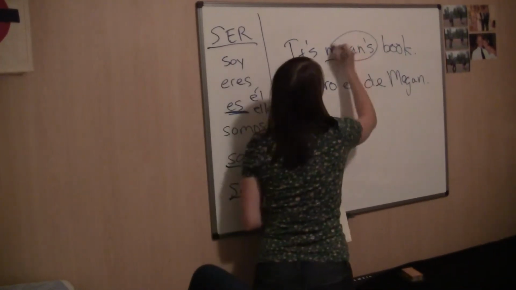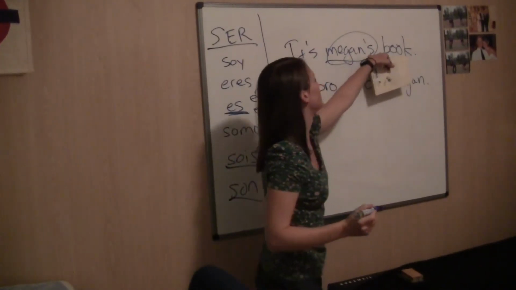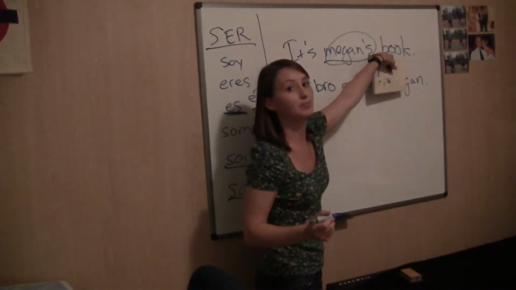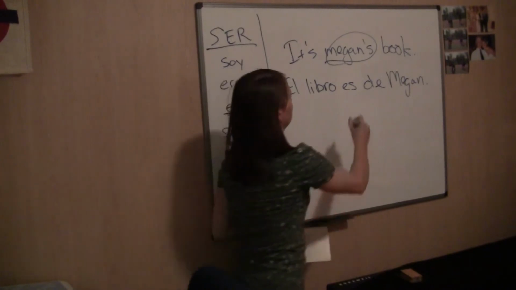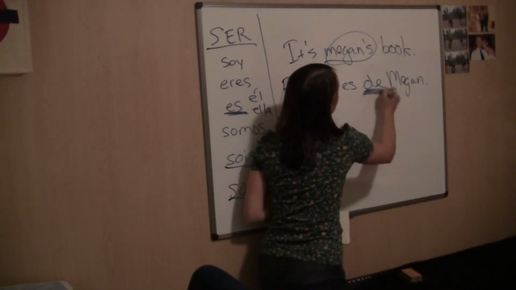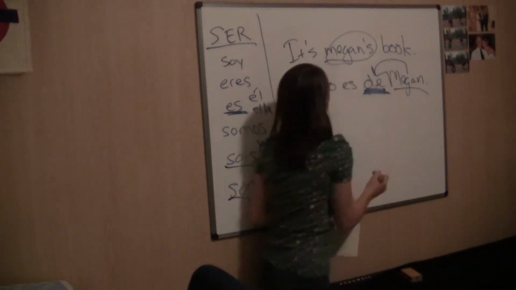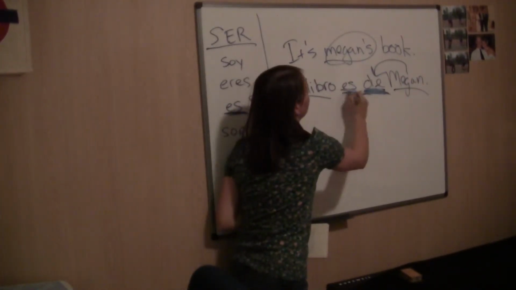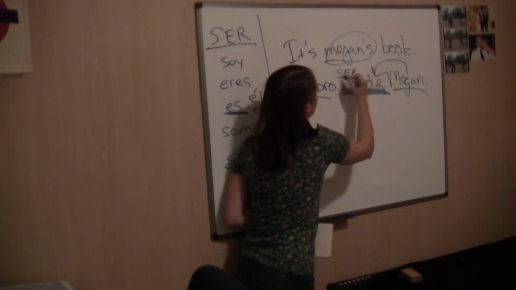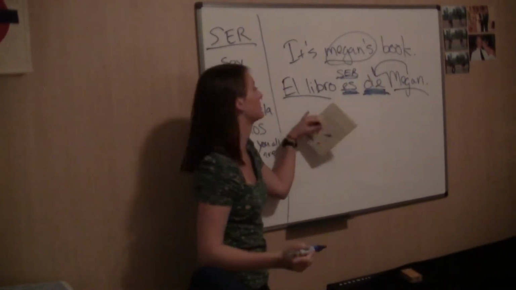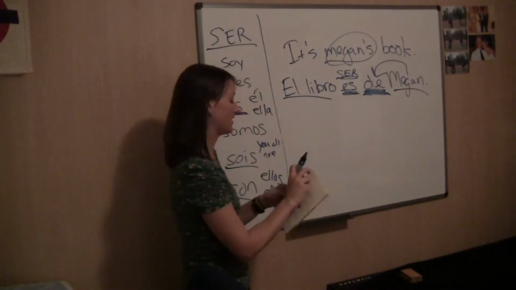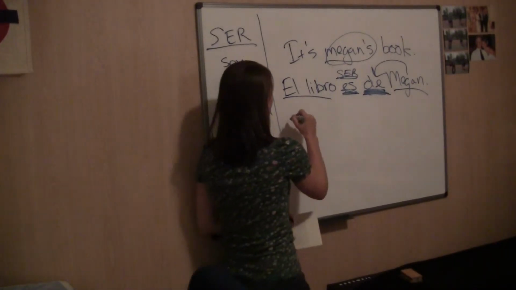In English, we have something called possessive, right? Megan's book. In Spanish, we don't. The possession lies in the word de. So we put the name after de. El libro, we use the verb ser here, conjugated depending on what it is. In this case, it's a book, so it's el libro es, right? And that shows possession.